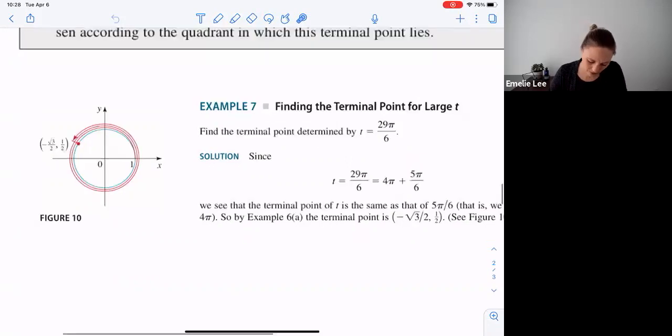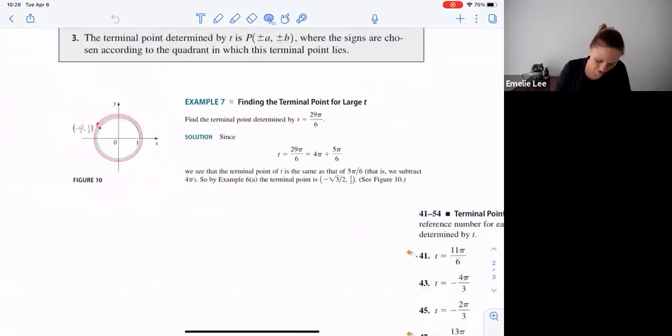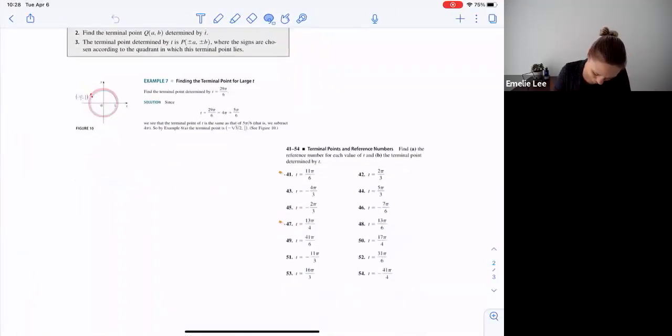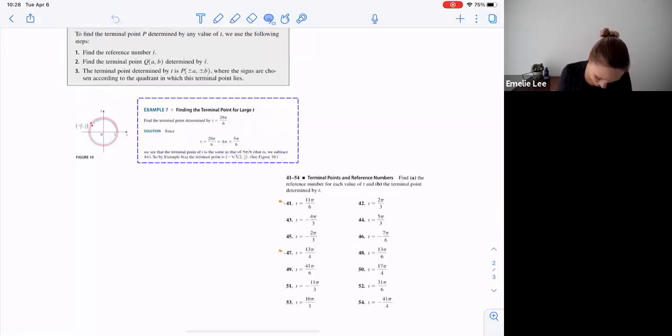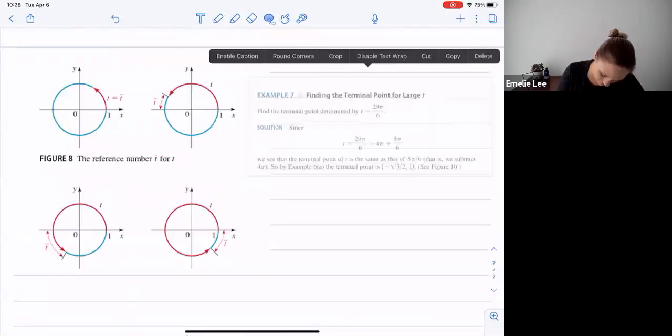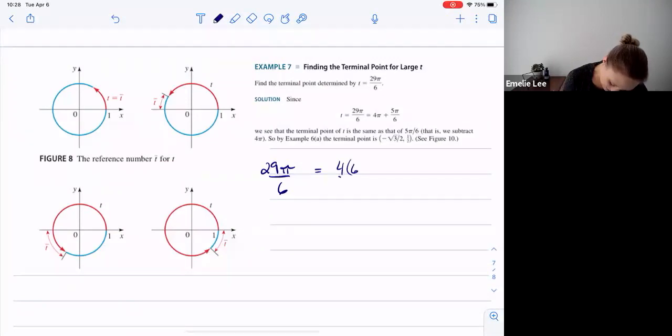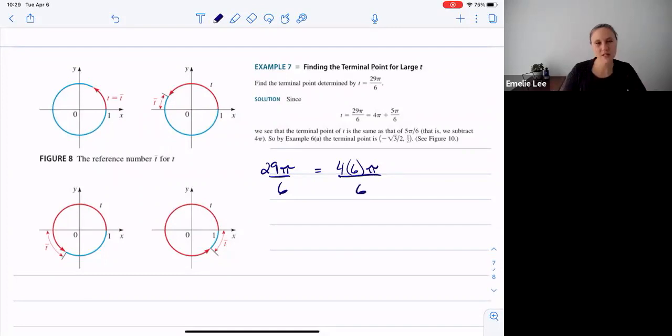You know what? Let's just do our own. Actually, I keep changing my mind. Let's talk about this one because I just used it. So here, 29 pi over 6 is the same thing as 4 times 6 pi over 6 plus 5 pi over 6, and that's how the 6 over 6 cancels.